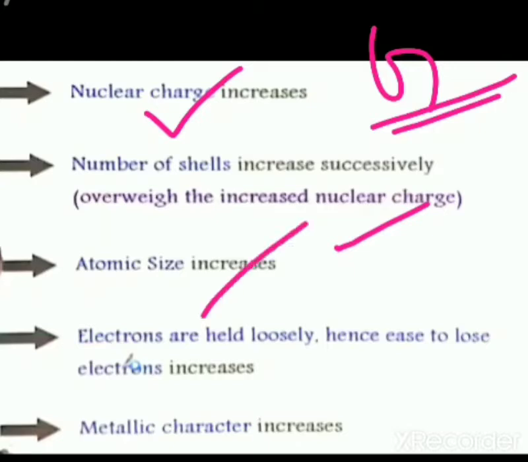Like this, your atomic size increases. Atomic size increases means electrons are held loosely, because the outer valence electrons are very far from the nucleus, and it will be easier to lose the electrons. So as the outermost valence electrons are very far from the nucleus, it is very easy to lose the electrons, and hence your metallic character increases.